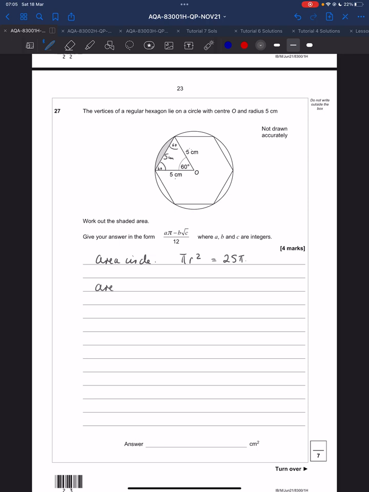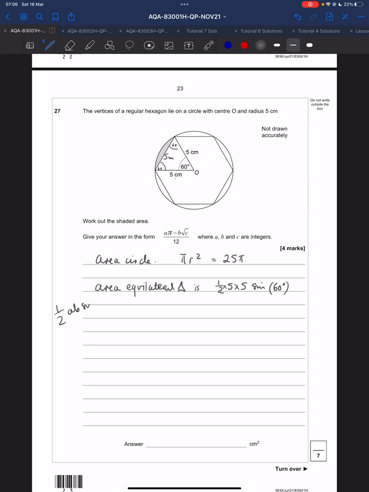Right, the area of the equilateral triangle. Okay, so we've got two sides and an included angle. So it's a half of the two sides multiplied together, which is 5 times 5, a half ab, and then sine of the angle between them.